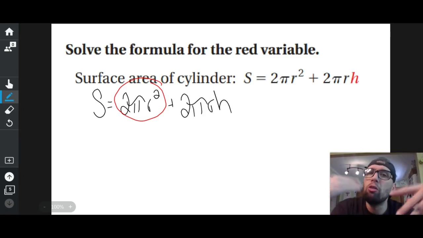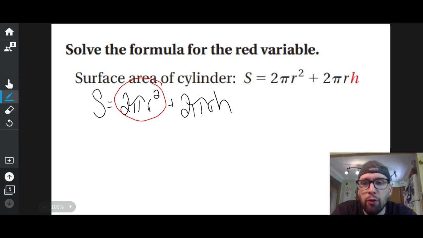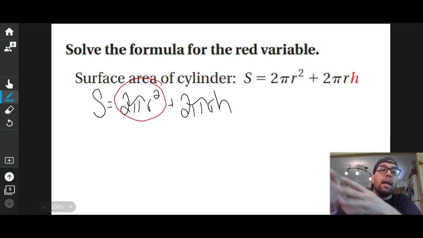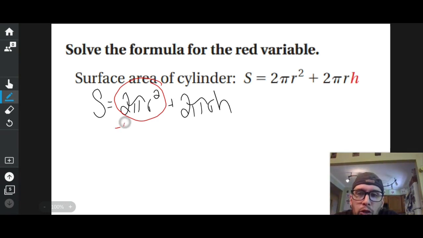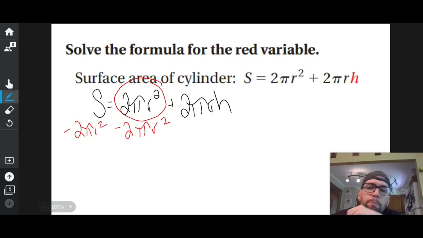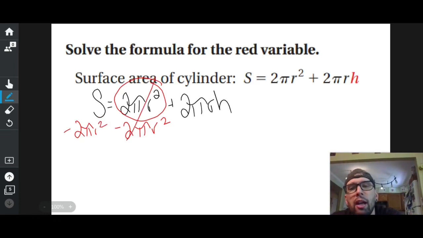So what we always do is get rid of the guy that's floating around first. So I'm going to subtract 2 pi r squared from both sides, minus 2 pi r squared. Cross that out.